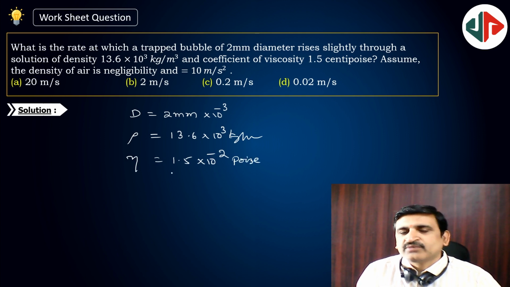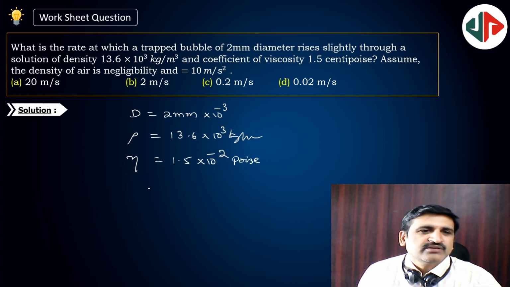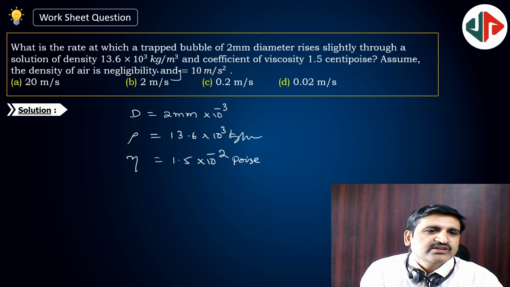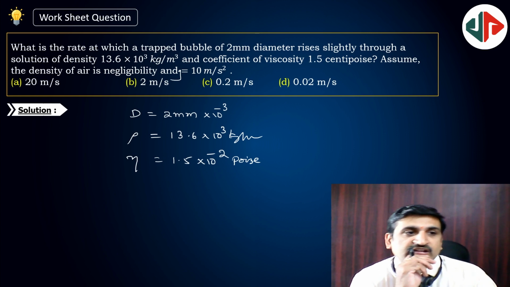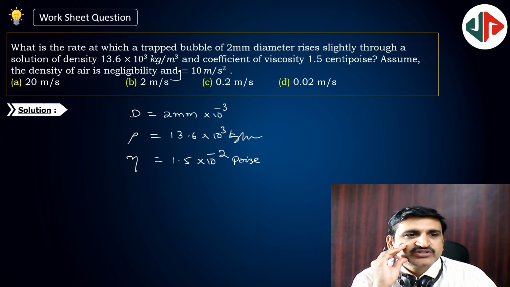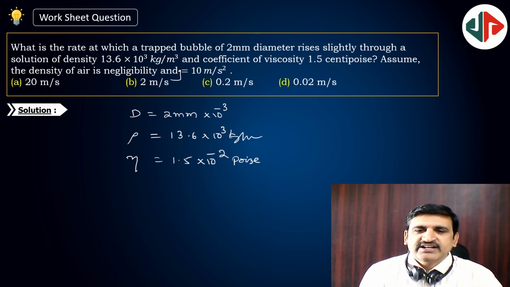Centi means 10 power minus 2, milli means 10 power minus 3. Assuming density of the air is negligible and g value 10 meter per second square. We need to find the rate at which the trapped bubble of 2 mm diameter rises slightly through a solution of density 13.6, that is mercury, and coefficient of viscosity 1.5 centipoise.